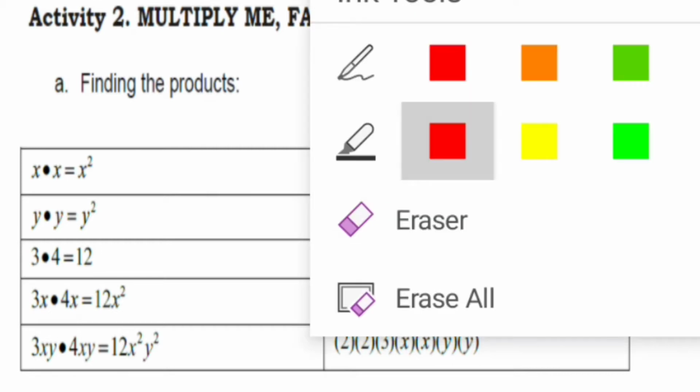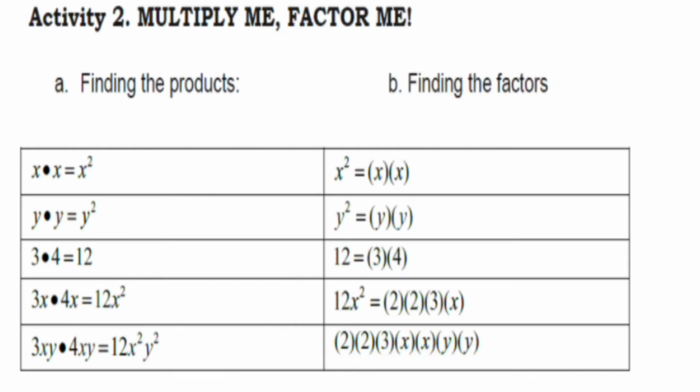So let's take a look at this first example. When we say x with a dot, the dot represents multiplication. So x times x, we have x squared.